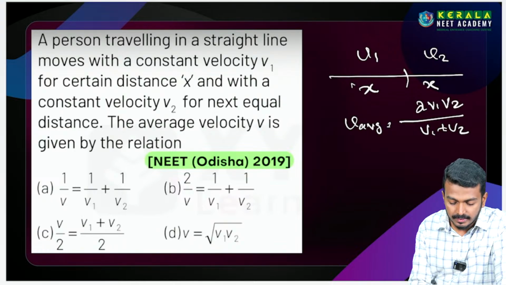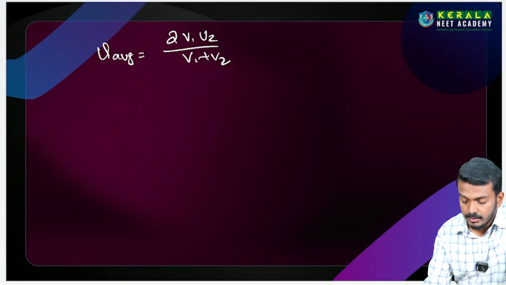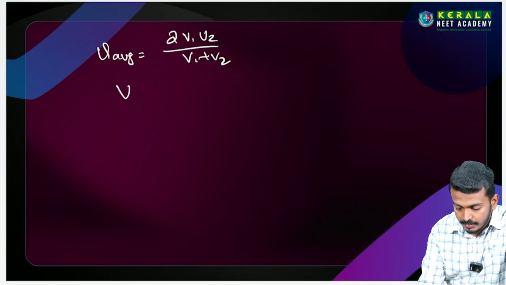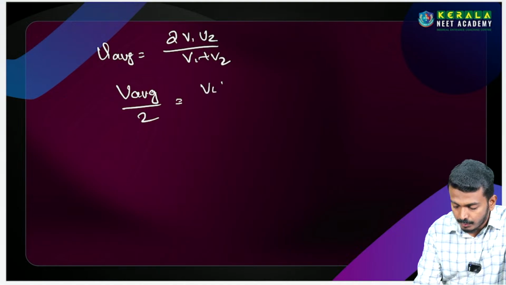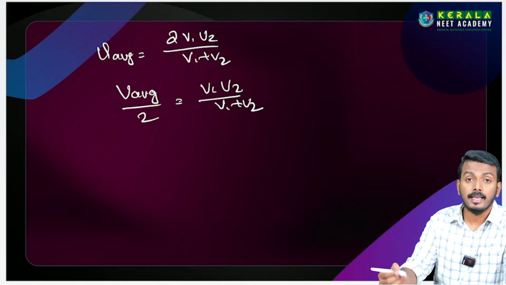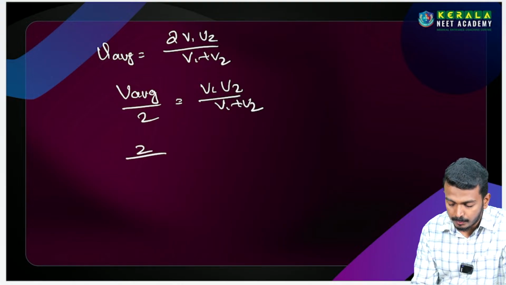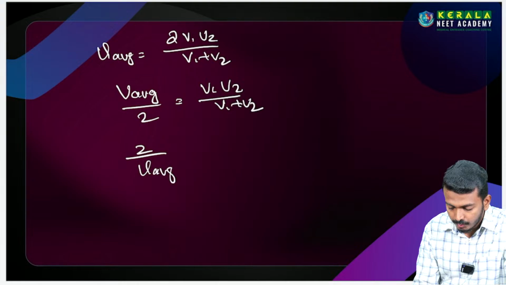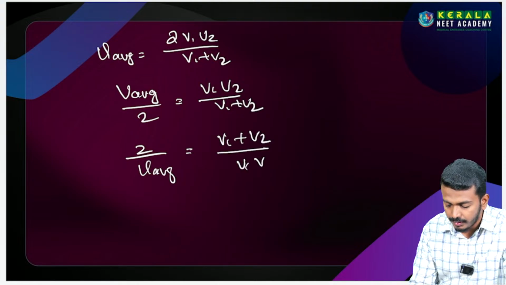Which option is the correct answer? Listen, a small change: v average by 2 is equal to v1 v2 divided by v1 plus v2. Take the reciprocal: 2 divided by v average is equal to v1 plus v2 divided by v1 v2.